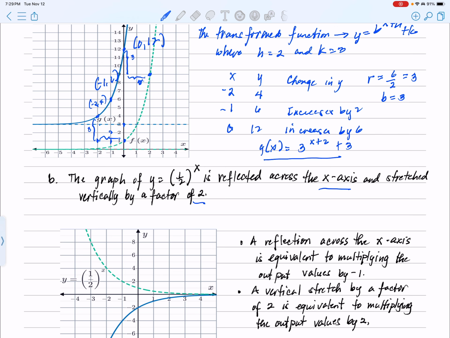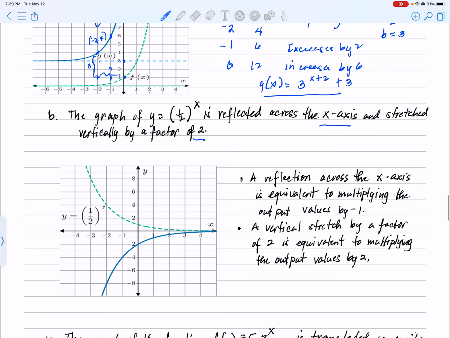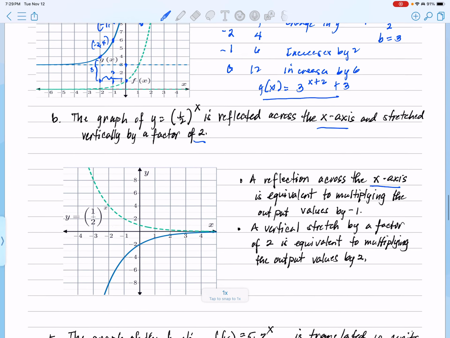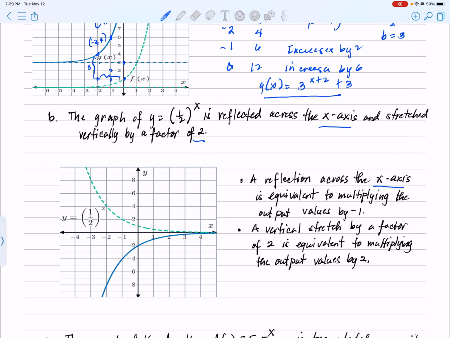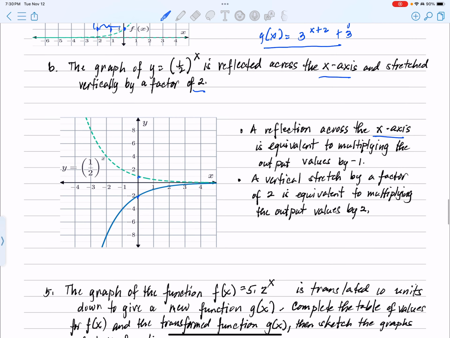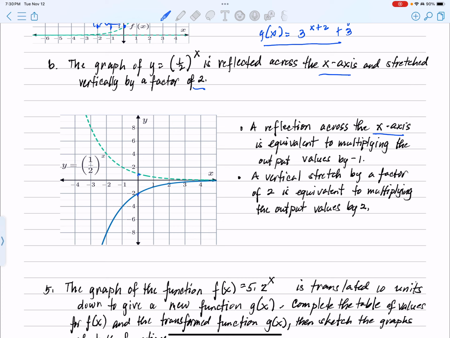The reflection across the x-axis is equivalent to multiplying output values by -1. Originally we have this one right here, then we multiply it by -1. A vertical stretch by a factor of 2 is equivalent to multiplying the output by 2.